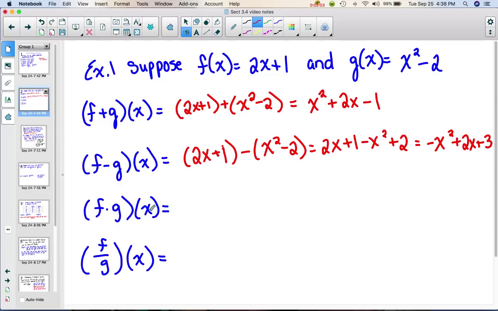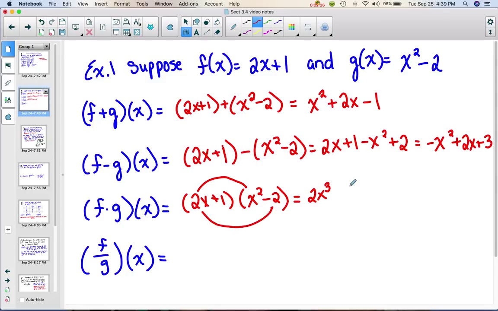For the next one, f times g of x, we're going to take f of x times g of x. We can FOIL this, put it in a box, multiply it out. So we're going to take our first terms and we get 2x cubed. Then we're going to do the outside. I get minus 4x.